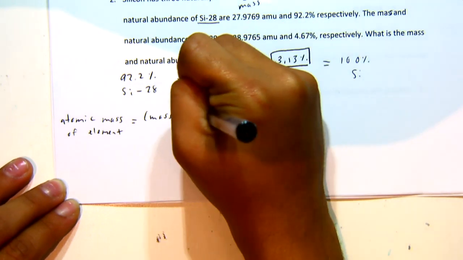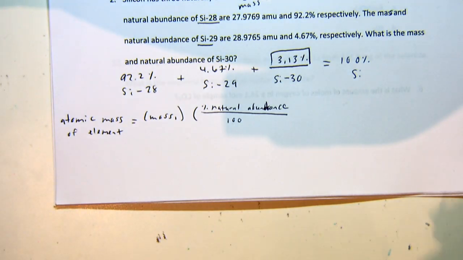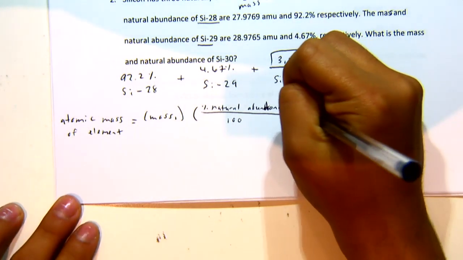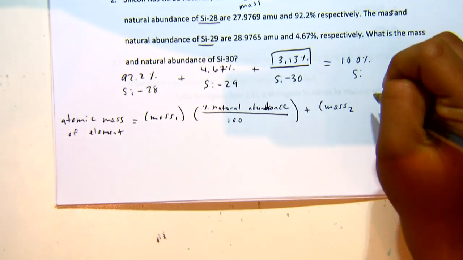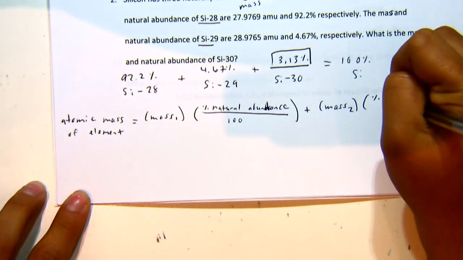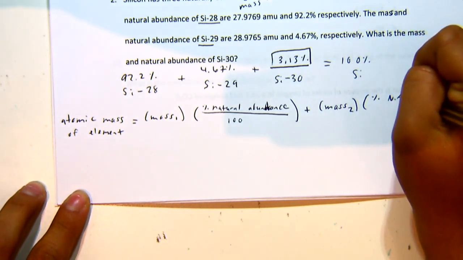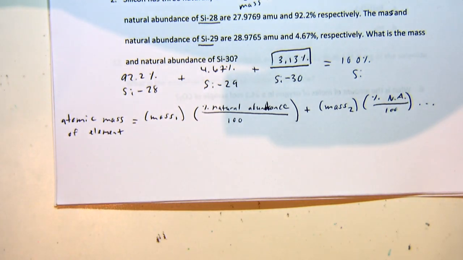There we go. I'm good at chemistry, not reading or writing. So natural abundance plus, now you're going to keep doing that for all the isotopes that you have in total. So it'll be mass 2 times percent, and I'm just going to say Na for natural abundance, divided by 100, and you're going to keep going. In this case, we'll go up to 3 because we have 3 isotopes.